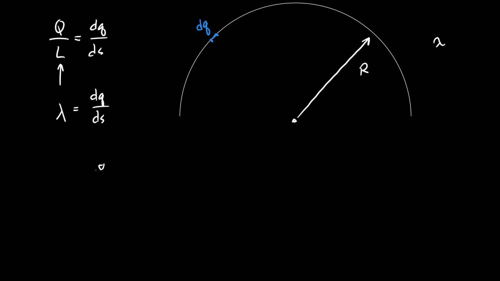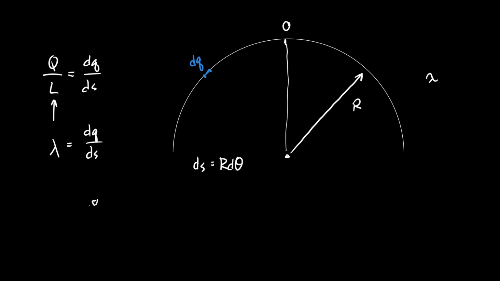The only thing I did after that was consider rewriting ds in terms of r d theta. If we're going to define where that piece is, and I assume that this location I've just marked is 0, then if I sweep out to where this point begins, an angle theta from 0, the size of this piece can be described by how big this piece of arc length is.